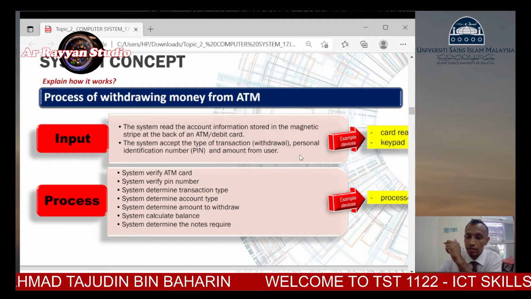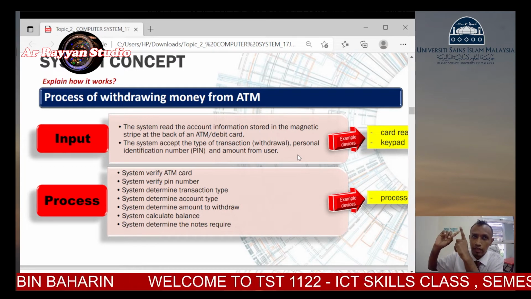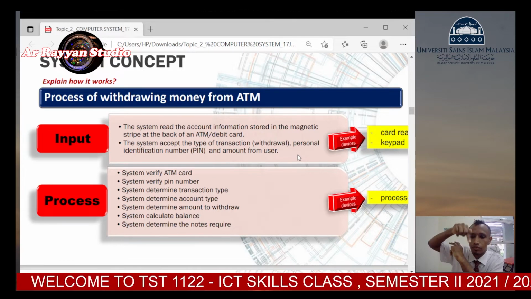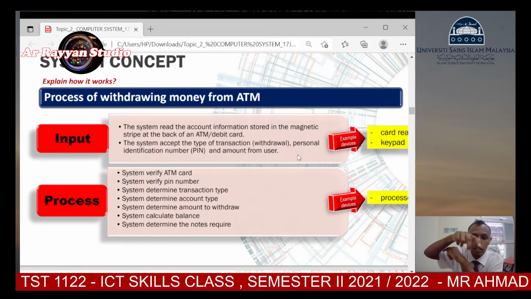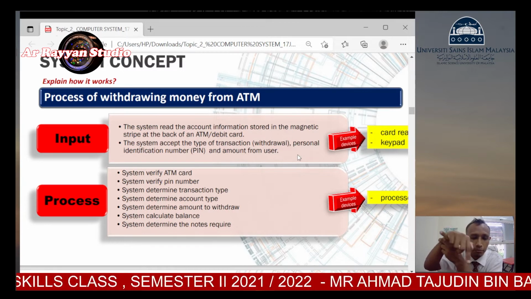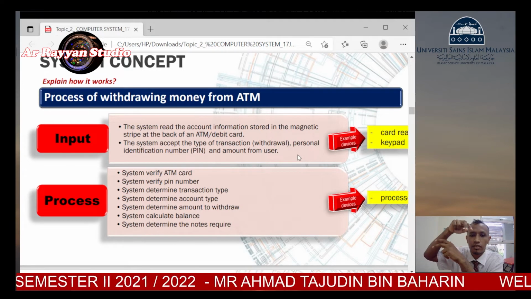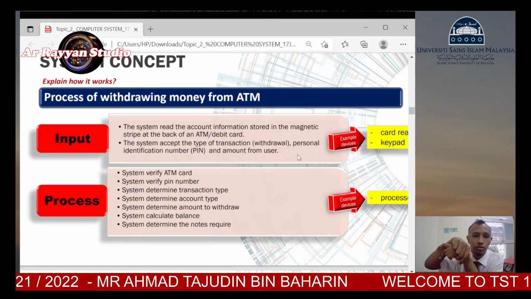So that one is the input side. Okay, satu card reader, and satu lagi adalah apa tu? The keyboard. Alright, either to enter the PIN number or the amount of money that you want to withdraw.